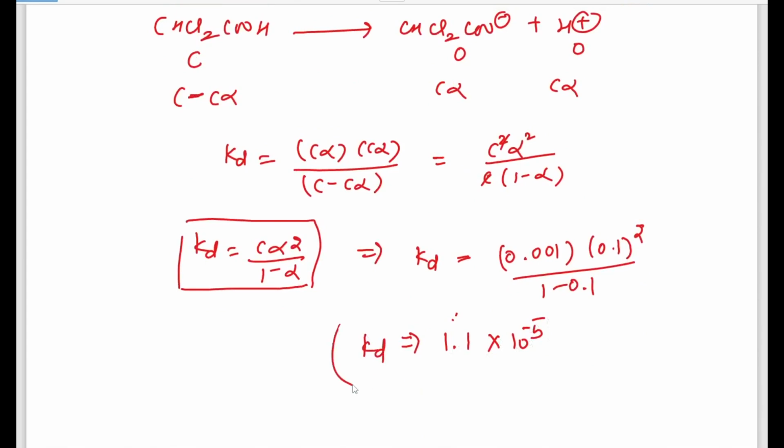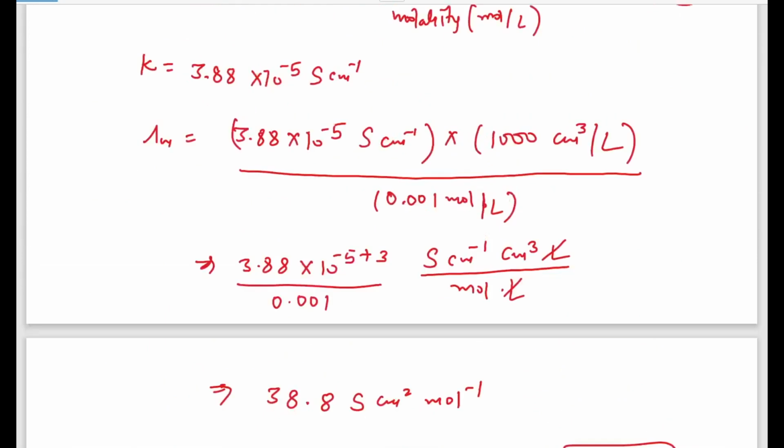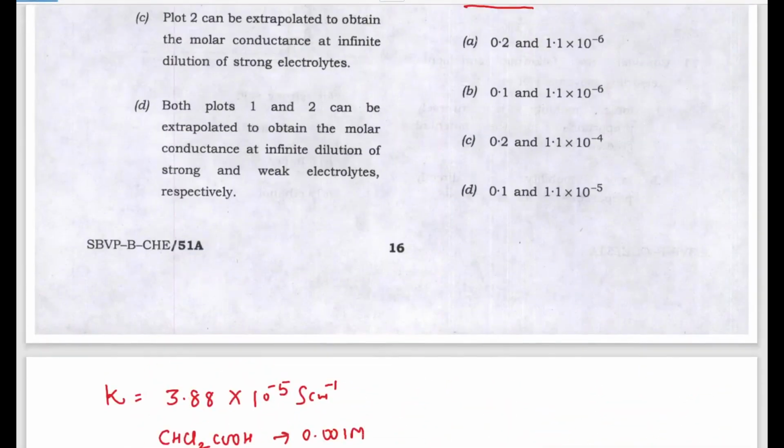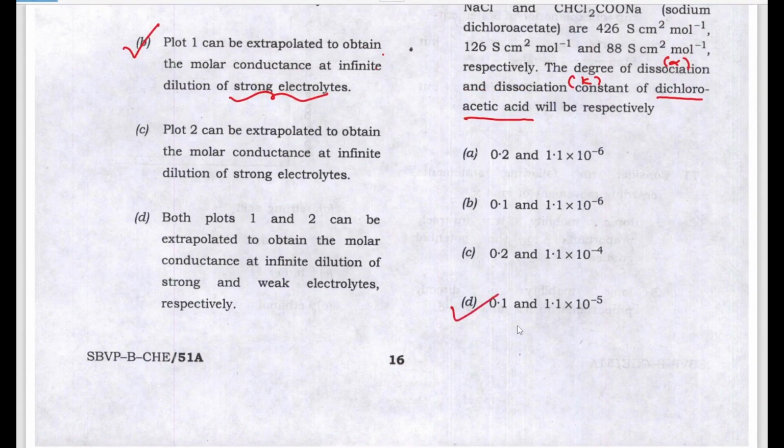This is the dissociation constant, which is the final answer. If we consider the options, this is the value of the degree of dissociation, and this is the value of the dissociation constant Kd. So the correct answer is D in this question.